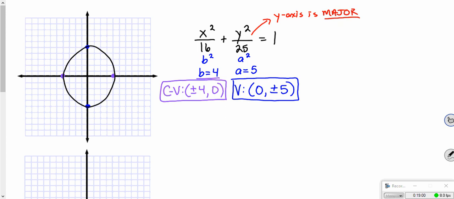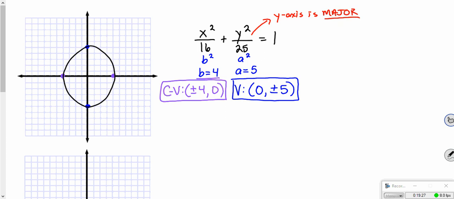A little foreshadowing: when you get to trig, we're also going to talk about eccentricity, which is a measure of how round an ellipse is. It gives you a number between 0 and 1. We'll talk about that more in trig, but there's more to know about ellipses. We're just hitting the surface.